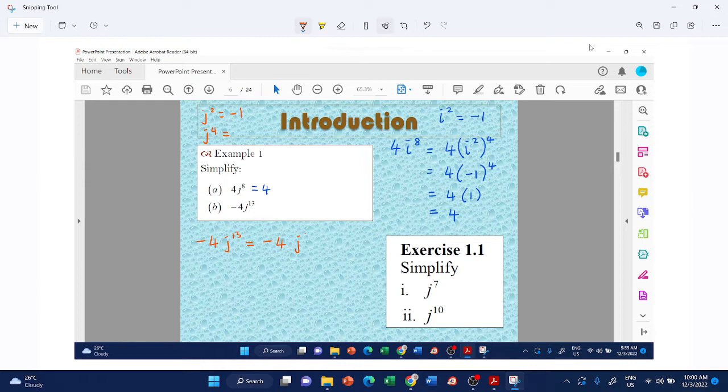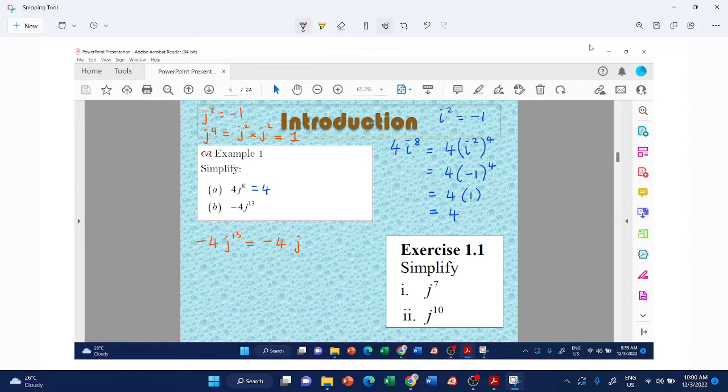So kalau J power 4 maksudnya J square darab J square. Correct? Berapa? Negative 1 times with negative 1. So positive 1 lah. Betul? Yes.